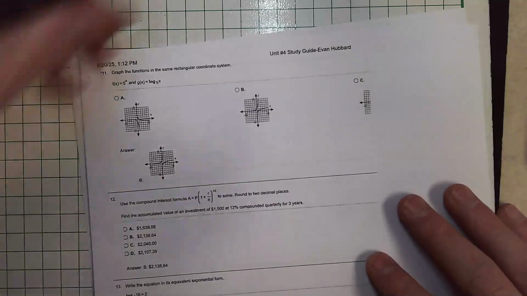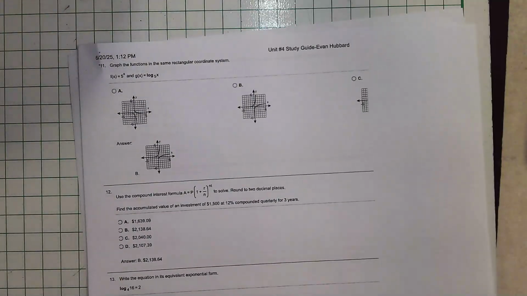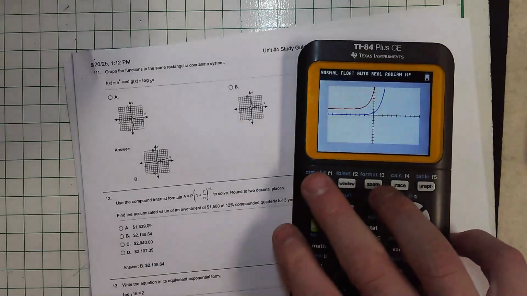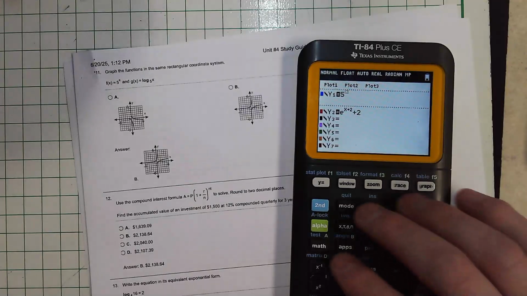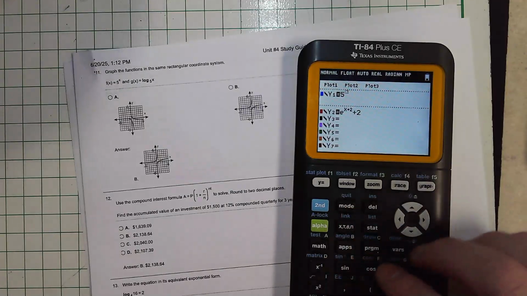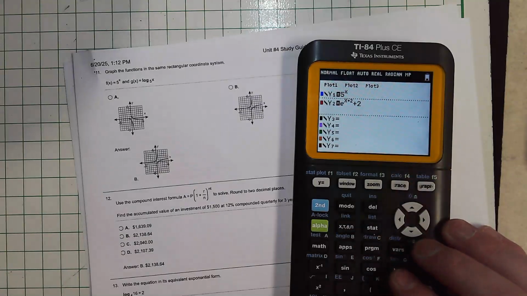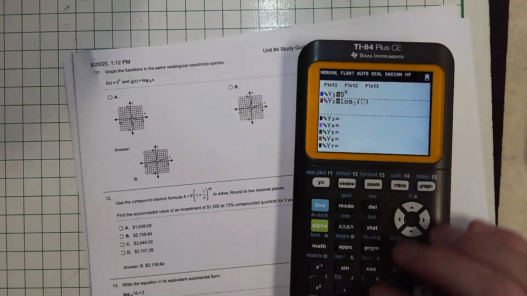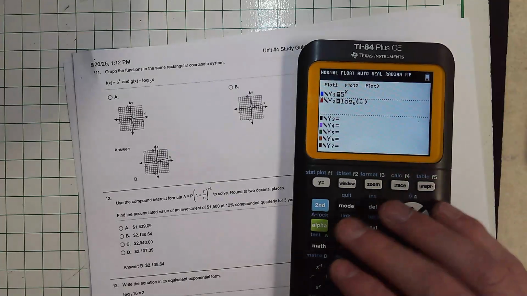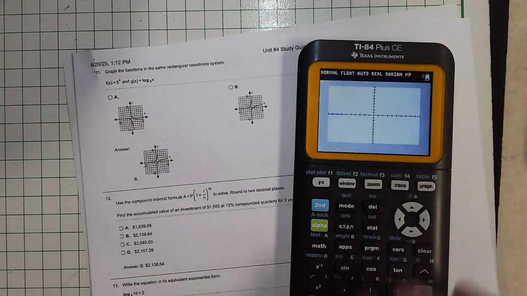Graph 5 to the power of x and log base 5 of x. First off, they're going to be inverses of each other across the line y equals x. So 5 to the power of x. Okay, and log base, math, I'm going to go down to option A, log base 5 of x. So I graph it.